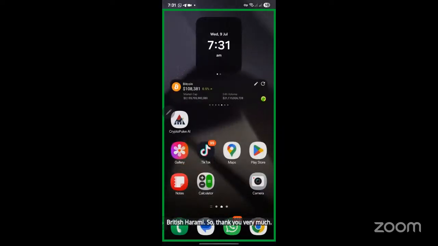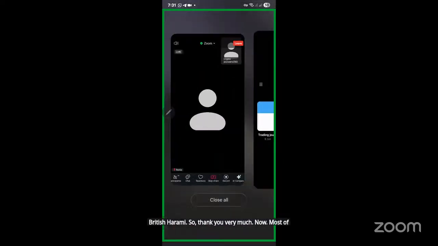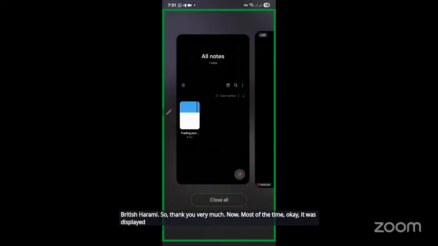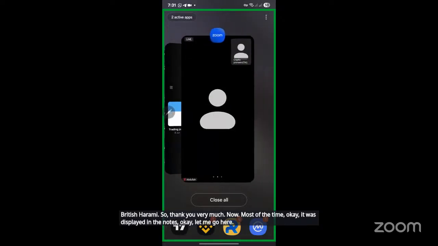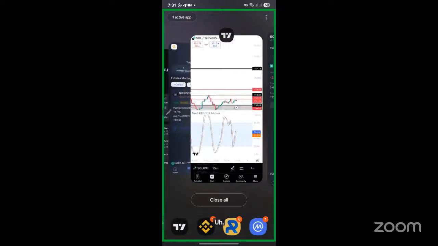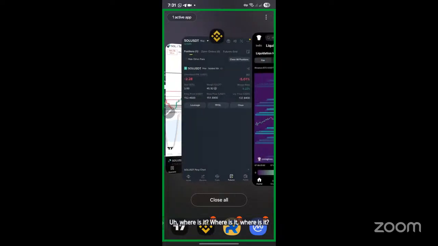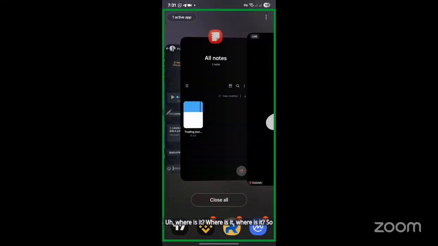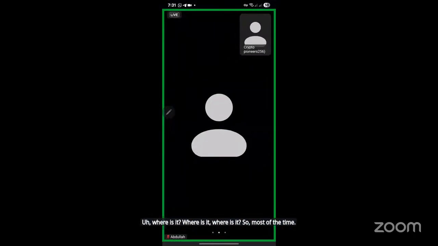Now, most of the time, it was displayed in the notes. Okay, let me go here. Where is it? Most of the time, it will always disturb. Why?